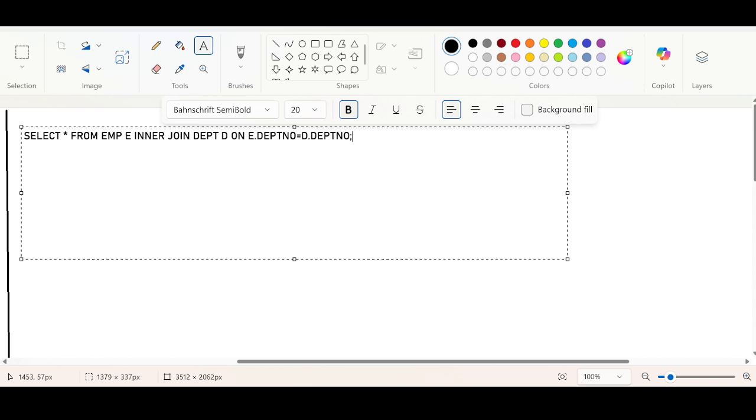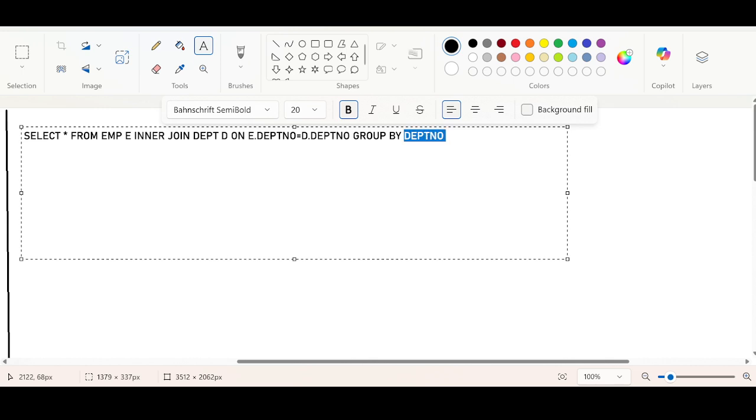I will be expecting a group by clause to segregate all the department numbers. I want to segregate the department numbers.